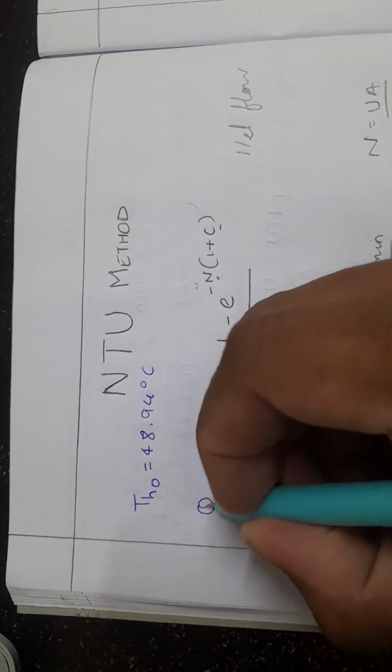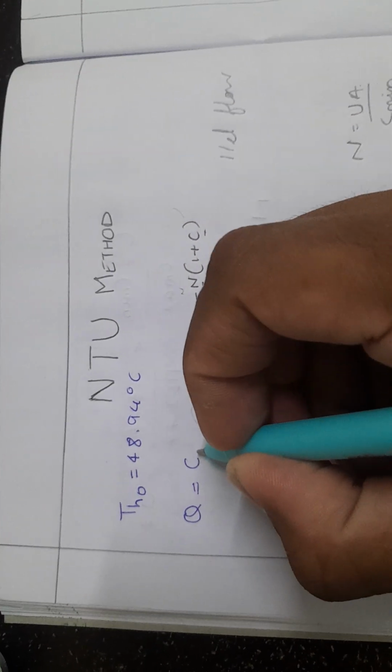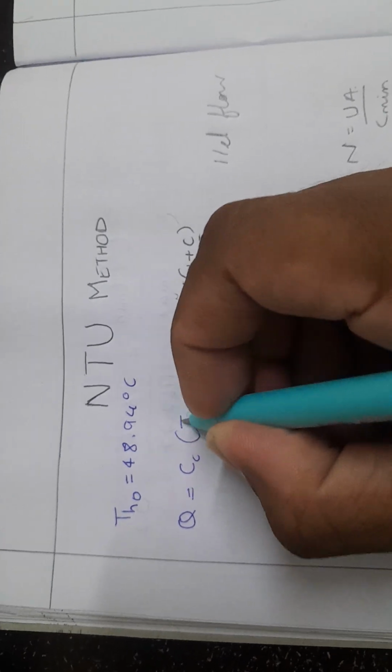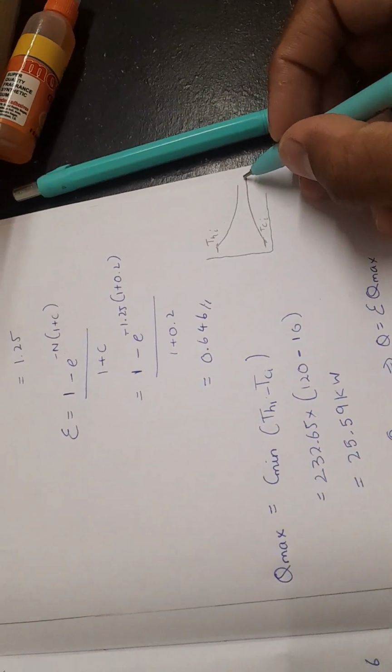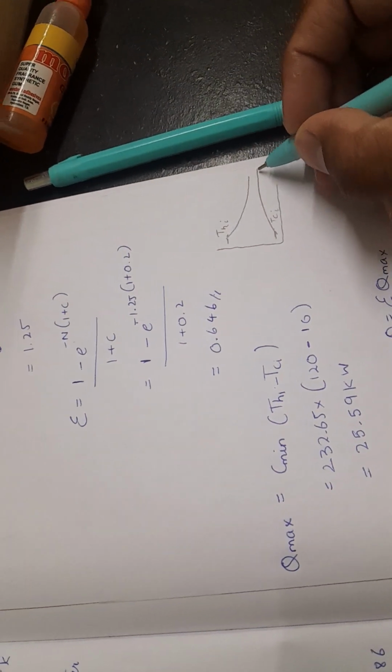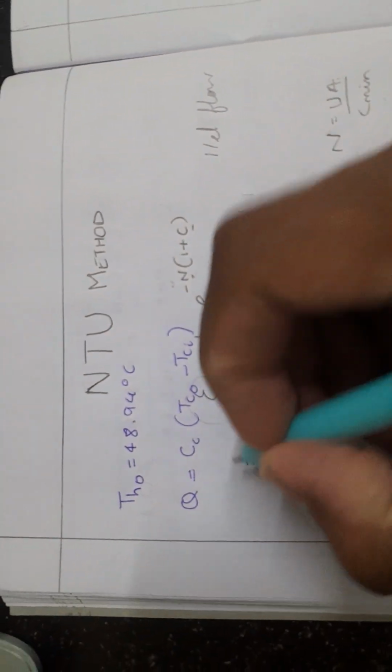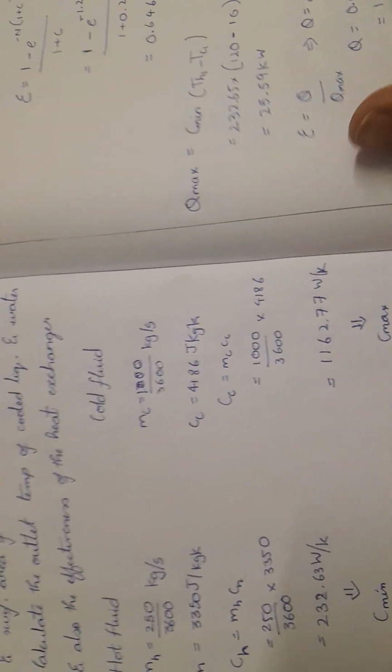Similarly, we also have Q is equal to Cc times TCO minus TCI, because the exit temperature of the colder fluid is higher, so we take it as TCO minus TCI. So we got Cc for the colder fluid as 1162.77.